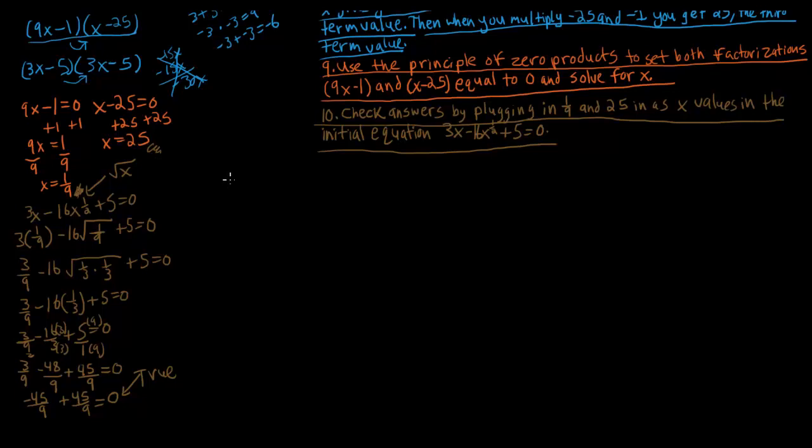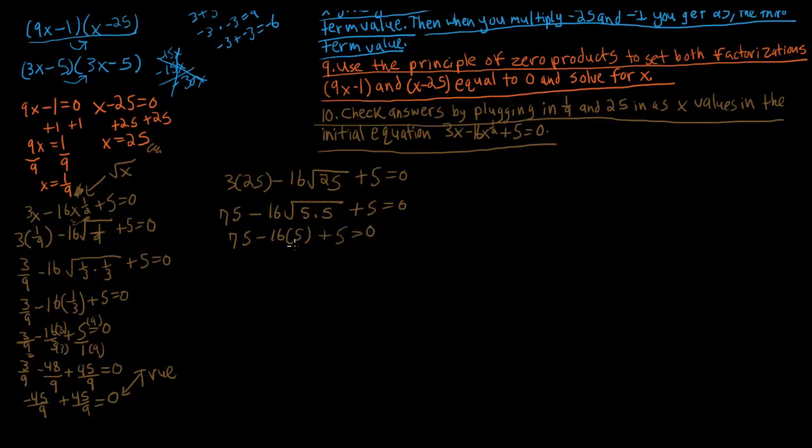So now let's plug in 25 into our original equation. So 3 times 25 minus 16 square root of x, which is square root of 25, plus 5 equals 0. 3 times 25 is 75, minus 16 square root of 25, which is 5, plus 5 equals 0. 75 minus 16 times 5 is negative 80, plus 5 equals 0. 75 minus 80 is negative 5, plus 5 equals 0.